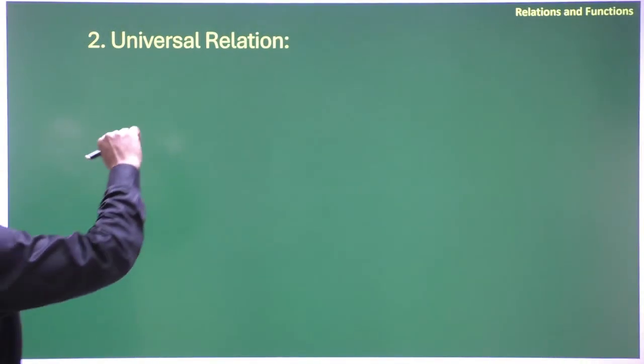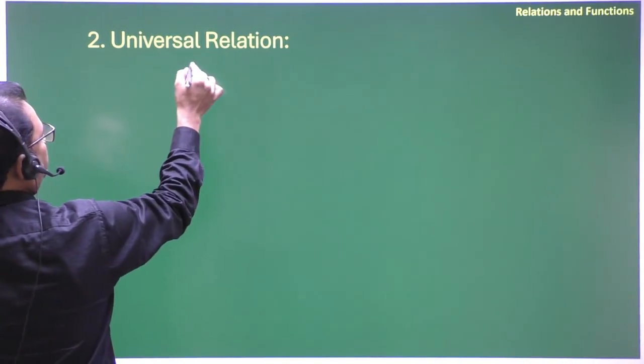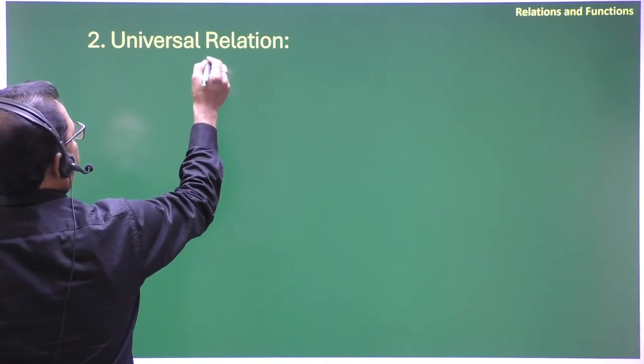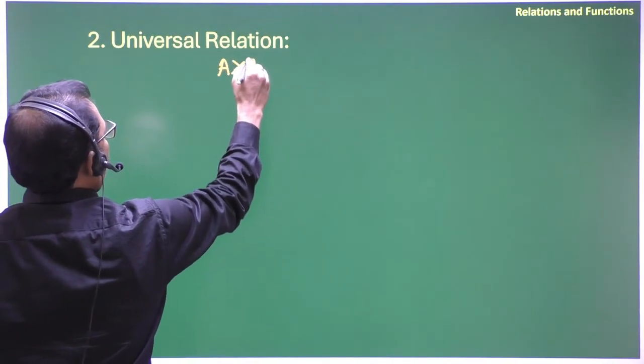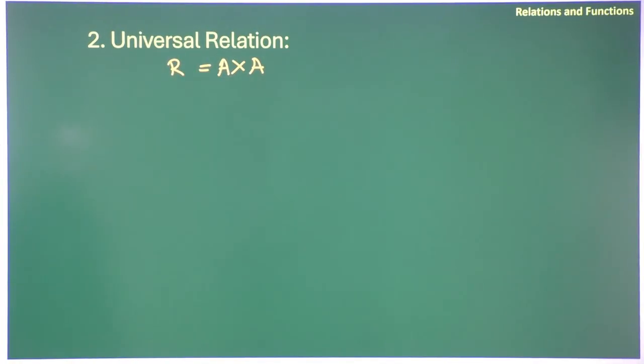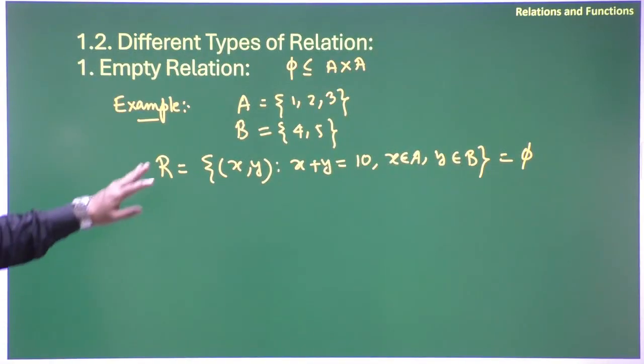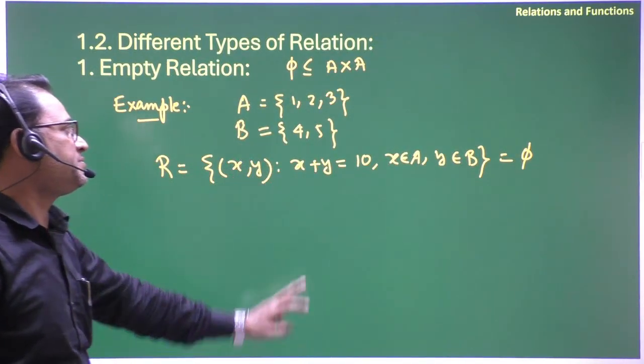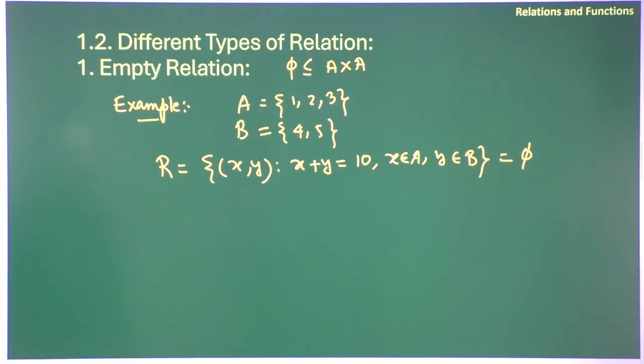Now the universal relation. What is the universal relation? We know that if I say A cross A, and you take all the ordered pairs, then the relation that you defined is called the universal relation. In the previous example, with 1, 2, 3, 4, 5, the sum is maximum 8 and minimum 5.